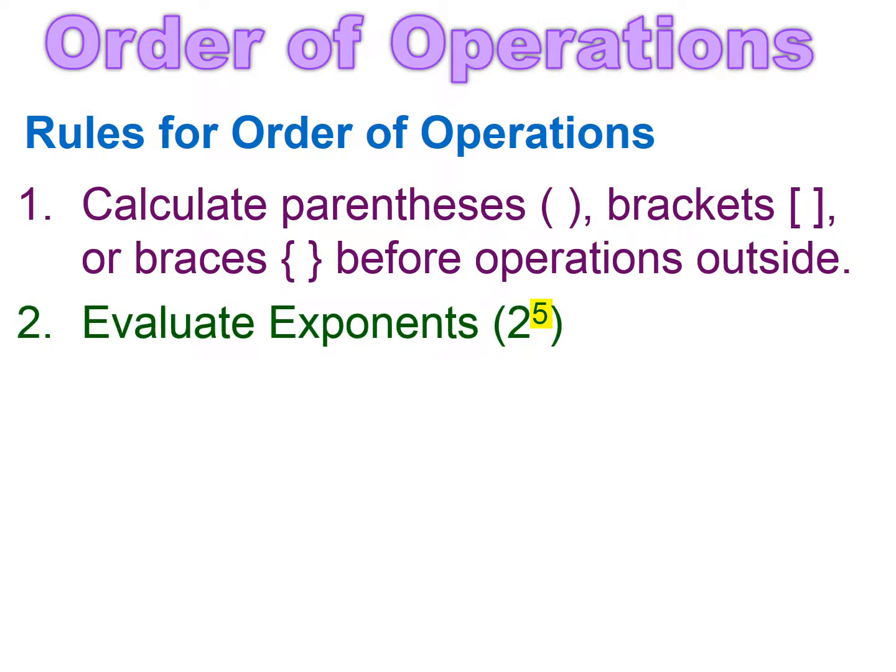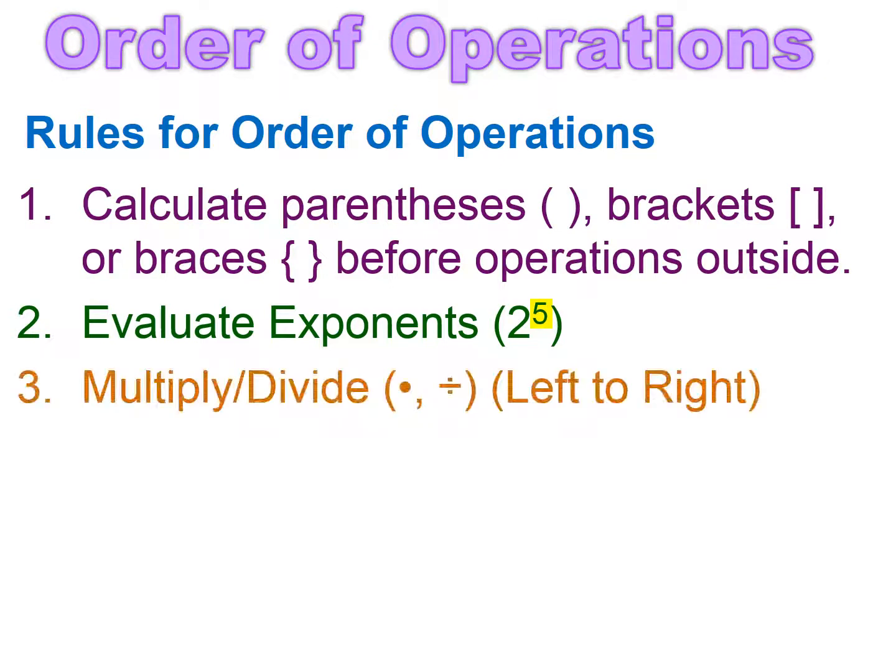The next thing you would do is evaluate any exponents. And again, if there's an exponent, you need to know that you're multiplying that base to itself the number of times the exponent is. Once you've done the grouping symbols and the exponents, you'll be left with multiplication and division.